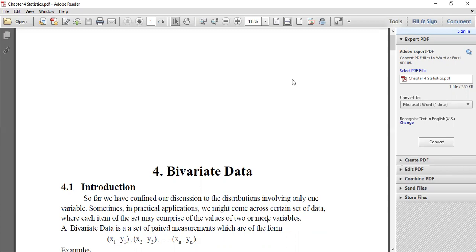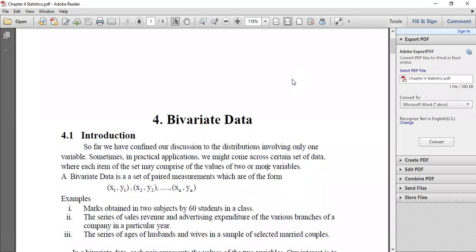For example, we can be talking about marks obtained in two subjects by 60 students in a class. Say one subject is mathematics, another one is business, and then you try to find out whether there is any relationship between the two subjects.